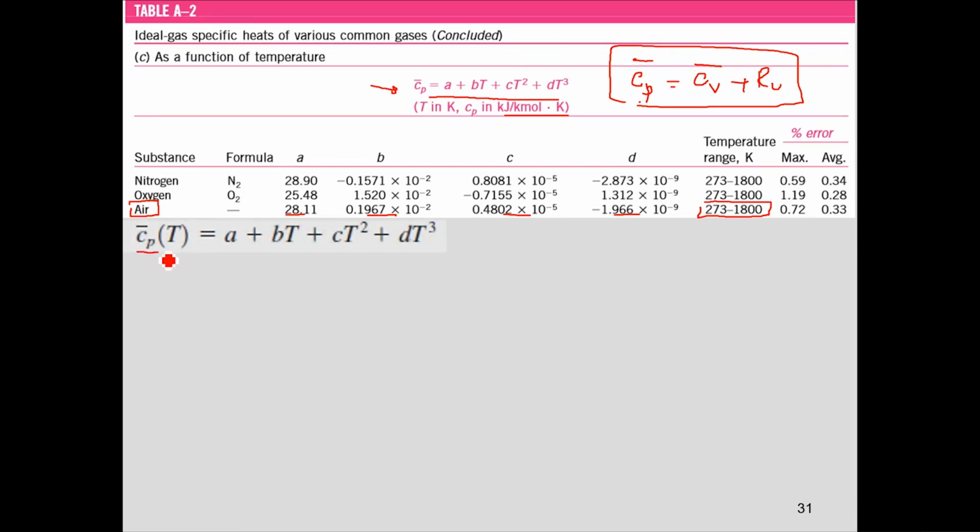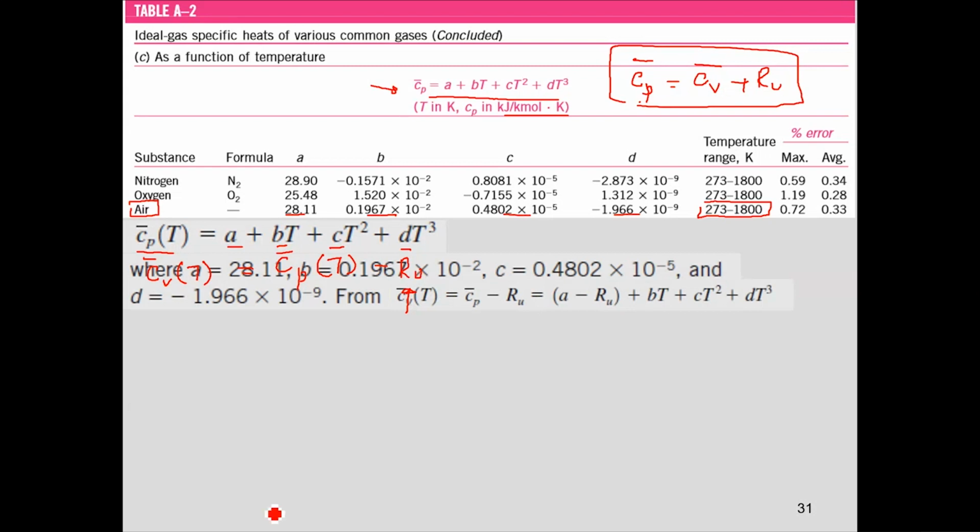This is the Cp relationship with regards to temperature: A plus BT plus CT squared plus DT cubed. These constants go with temperature having the power 1, 2, and 3. This is the constant A. If I want the relationship for Cv(T), it would essentially be the Cp molar relationship minus the Ru value, which is again a constant.